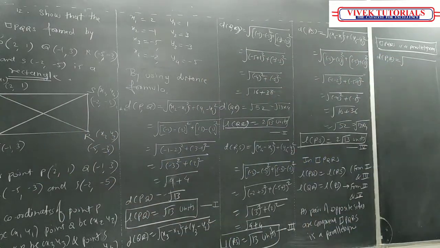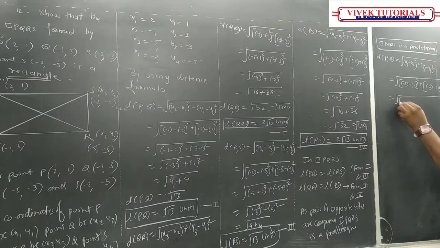Diagonal is nothing but under root (x3 minus x1) the whole square plus (y3 minus y1) the whole square, where x3 is minus 5 minus 2 the whole square, and y3 is minus 3 minus 1 the whole square.